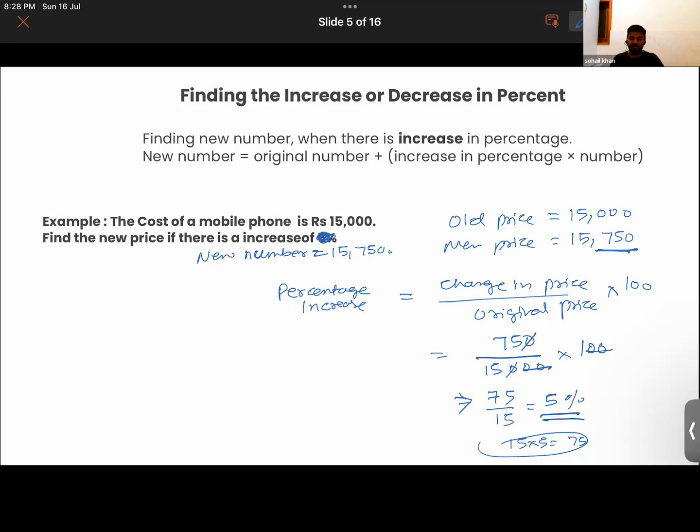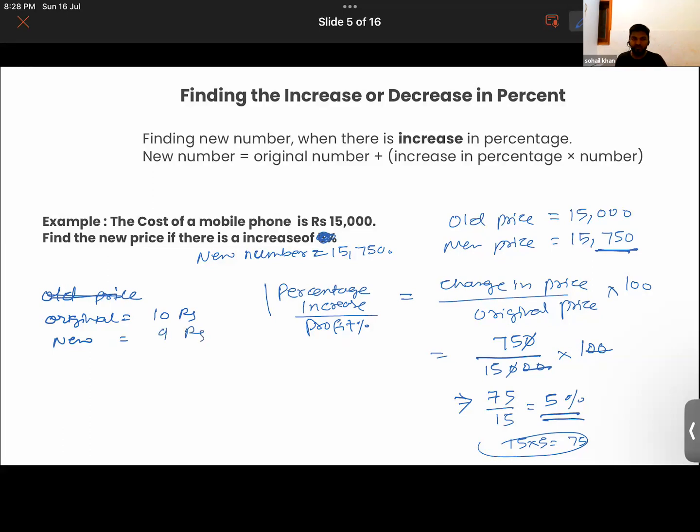Okay. Now sometimes there might be loss as well. Here there was profit. In some cases, the seller might incur some losses as well. Suppose the original price of a pencil is 10 rupees, but the new price is now 9 rupees.